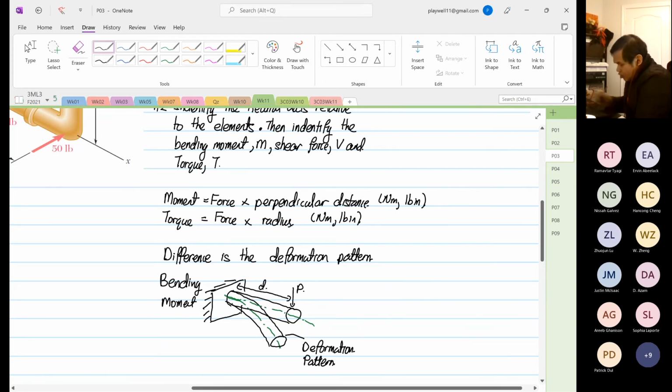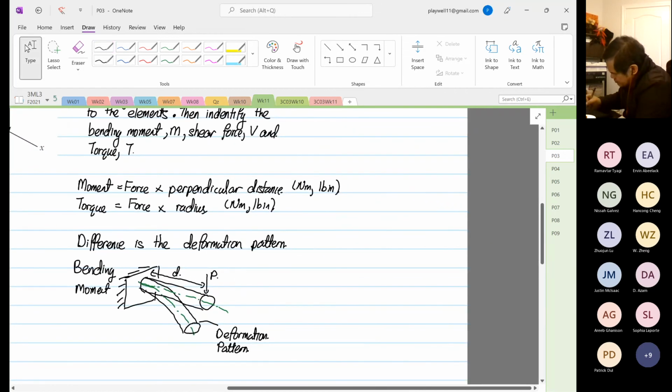In torsion, again the same shaft. Now, this is the force, and then this is the radius.